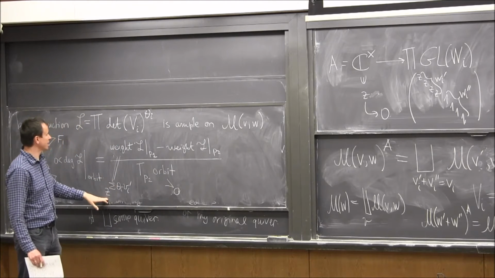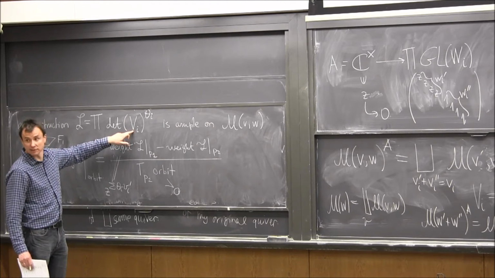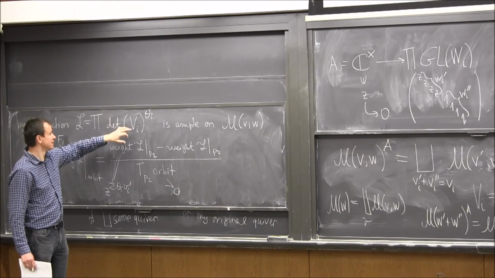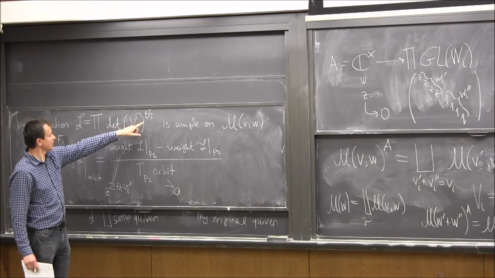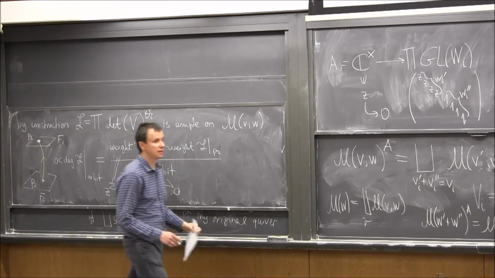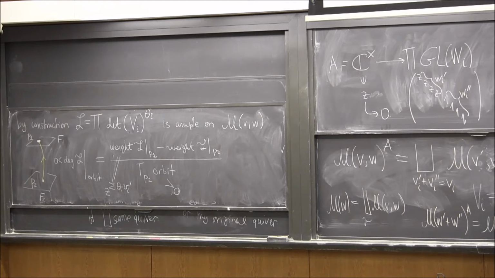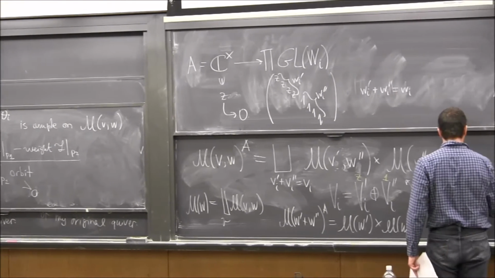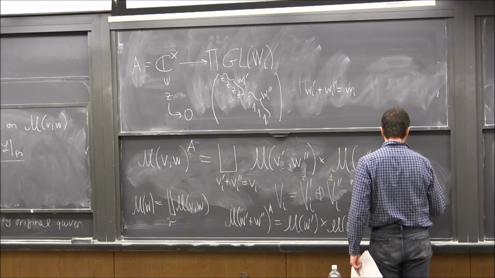If I act by z on V_i, then the determinant gets z to the power of the dimension, which is little v_i, and then I raise it to the power theta, so I get this. And so these components are therefore ordered by just the dot product with theta.